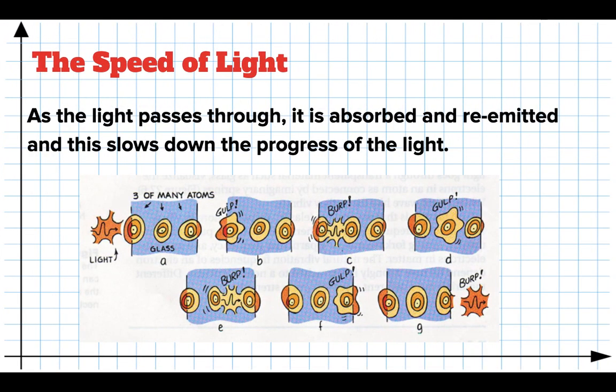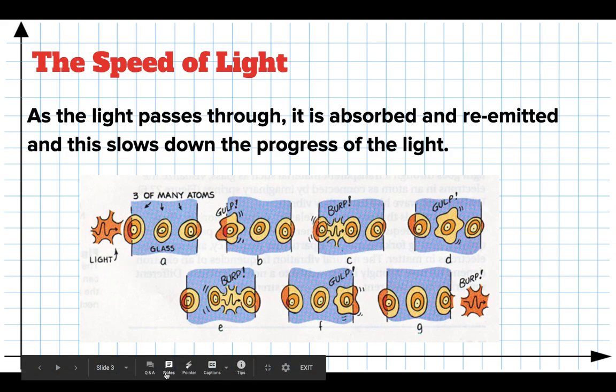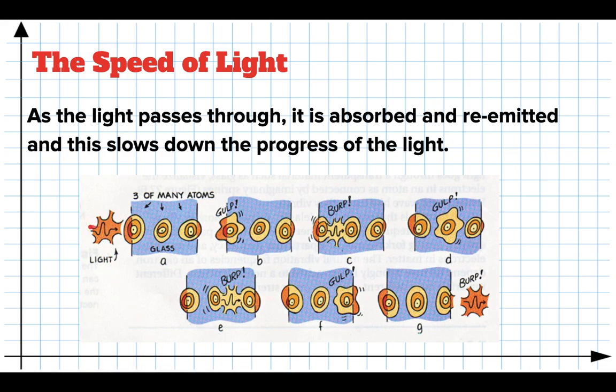So what happens is this: an electromagnetic wiggle comes along, and there are many atoms in glass, and the first atom sort of slurps up the light. Gulp. It causes the electrons to jump to the upper level, and then they jump back down.